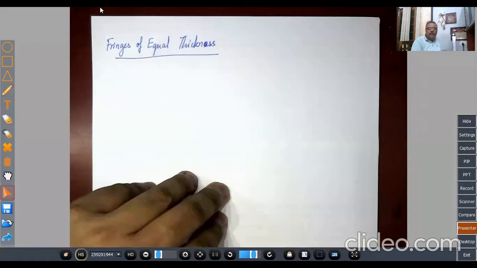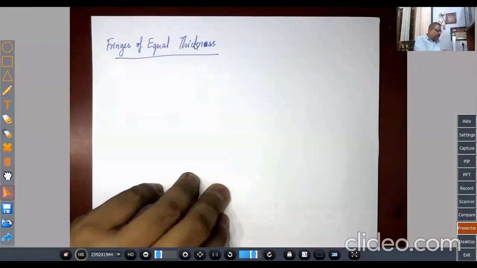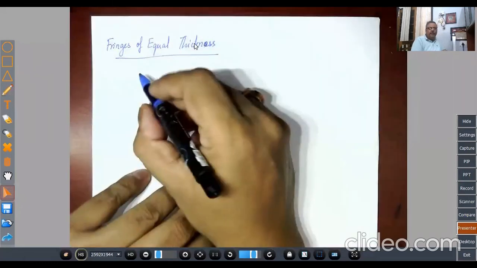So we start with this topic. Now we are going to study fringes of equal thickness.